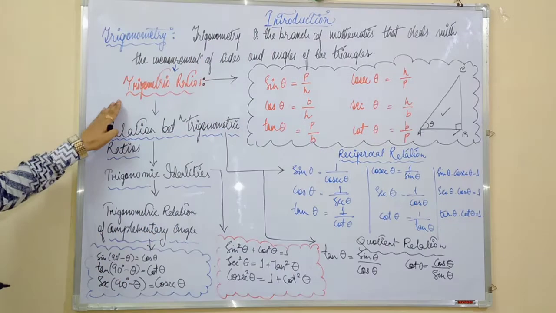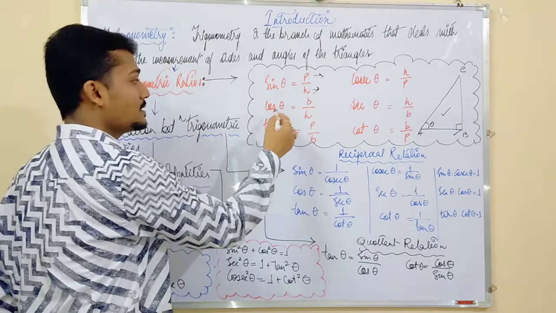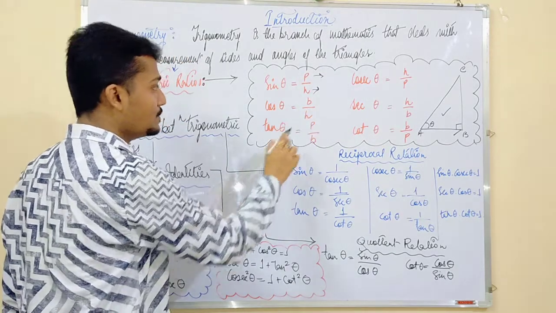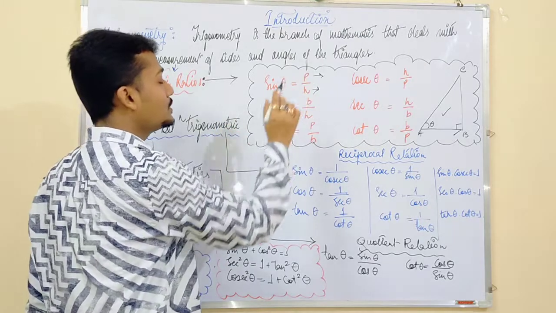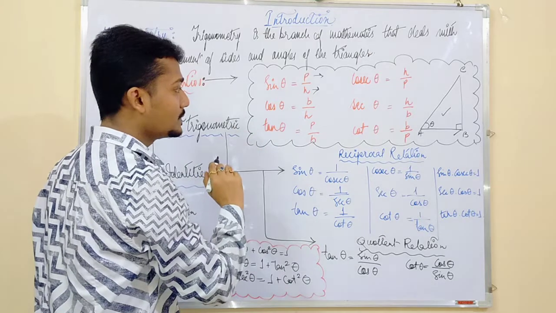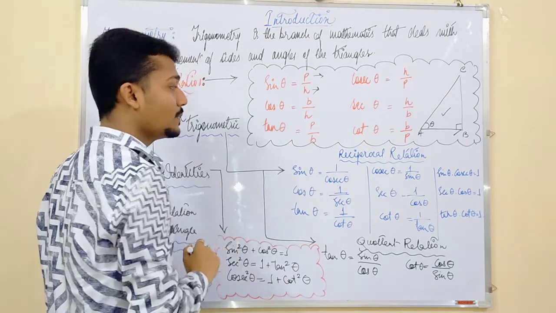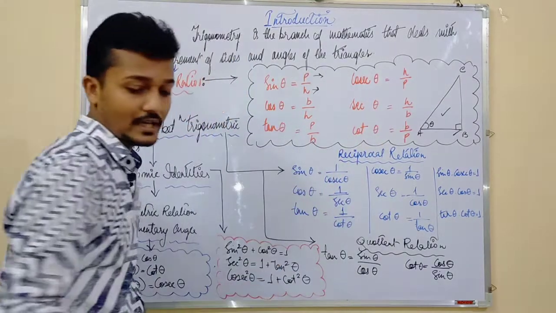Sin theta is equal to perpendicular by hypotenuse, cos theta is equal to base by hypotenuse, tan theta is equal to perpendicular by base. P means perpendicular, B means base, H means hypotenuse. Similarly, cosec, sec and cot are also given.